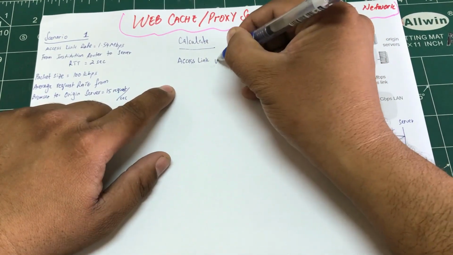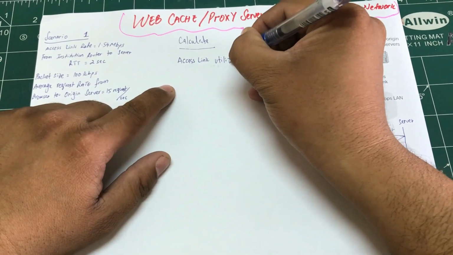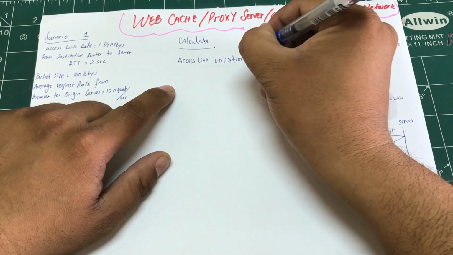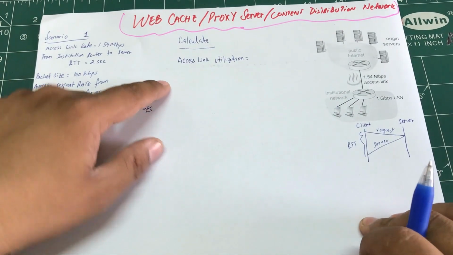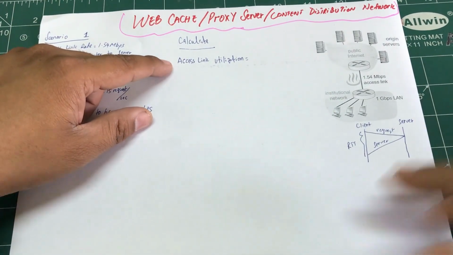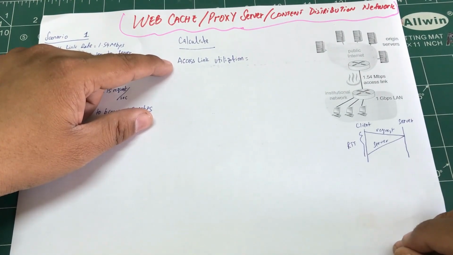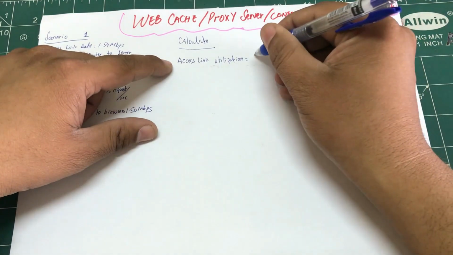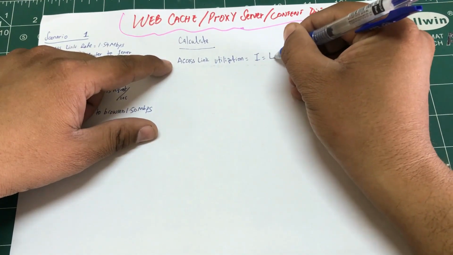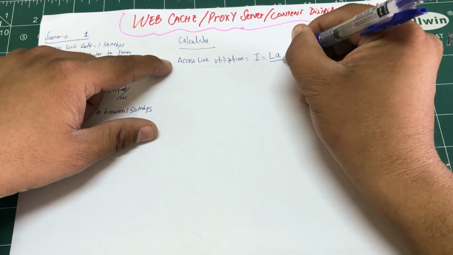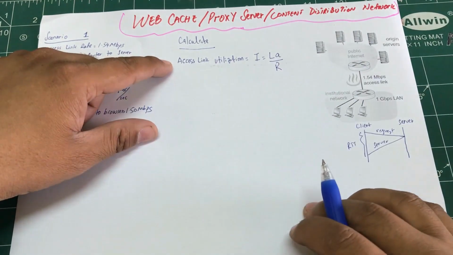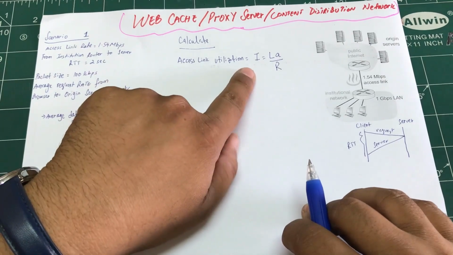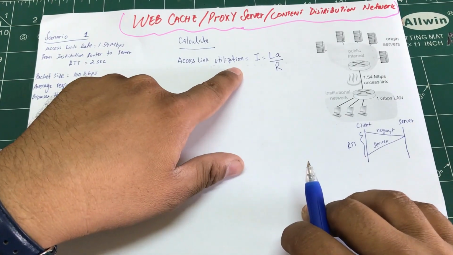There are different equations, but the one used by Computer Networking by Kurose and Ross is given as I equals L times A divided by R, the transmission rate. This is the definition we're going to use for utilization of my network.